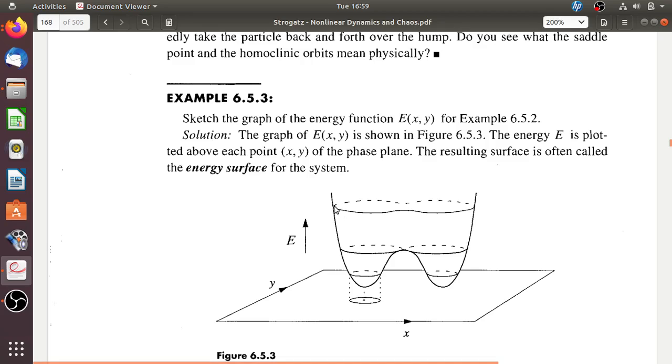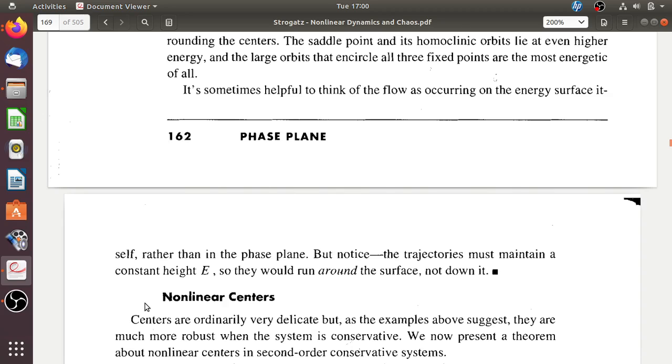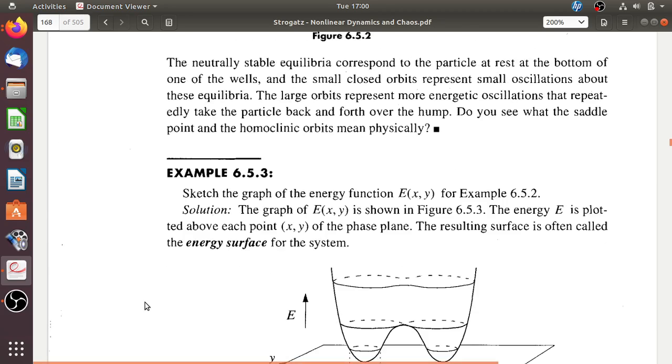The projection of that particular intersection along the xy plane will provide us that particular trajectory, the trajectory corresponding to that E value. For example, for this particular E value, we actually have two trajectories. One is this one and another one is this one. So that's how we could construct the phase portrait.